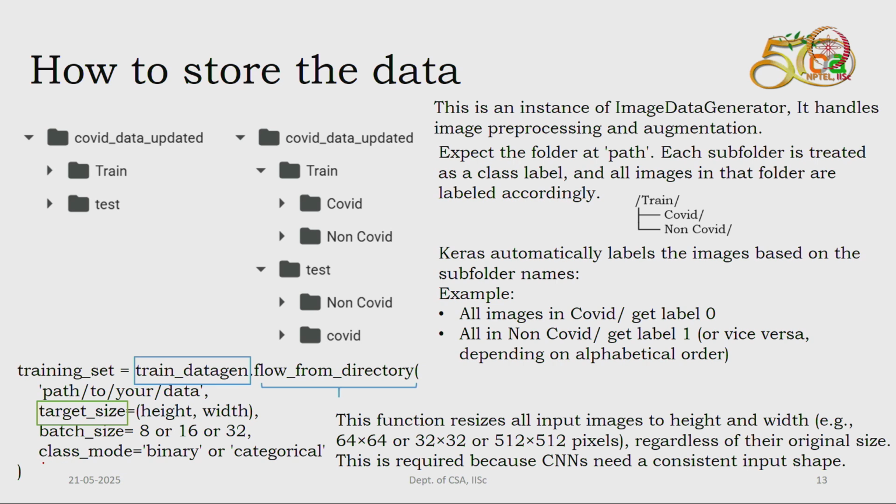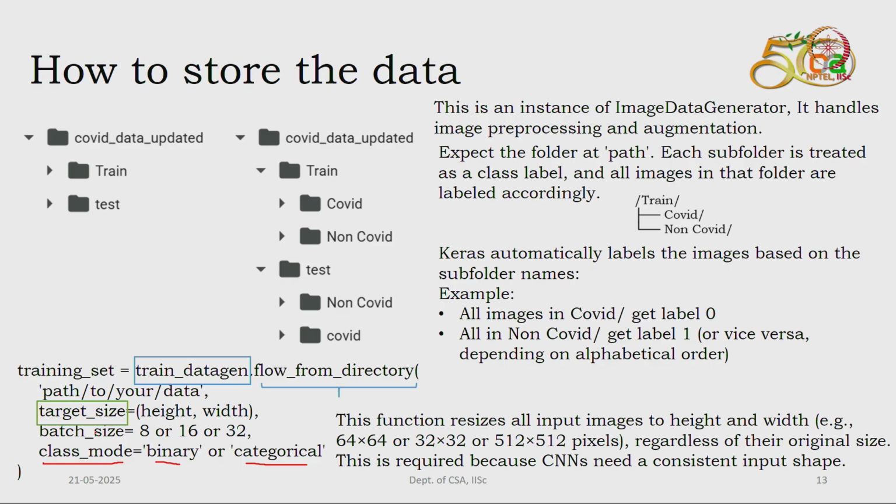Then we have class_mode. This is important when we are dealing with binary classification. If you are dealing with binary classification, the class mode will be binary. If you are working on multi-class classification, the class mode should be categorical. And what is the batch size? Rather than passing the entire training data at a time, we pass them in batches.